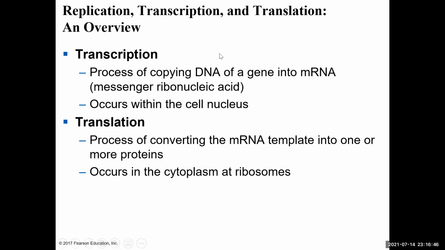When we copy the DNA of a gene into mRNA, that's the transcription process, and it happens within the nucleus of the cell. Translation occurs in the cytoplasm at the ribosome. It could either be the free-floating ribosomes or the ribosomes on the endoplasmic reticulum. Translation converts the mRNA template, that mRNA code, into proteins.